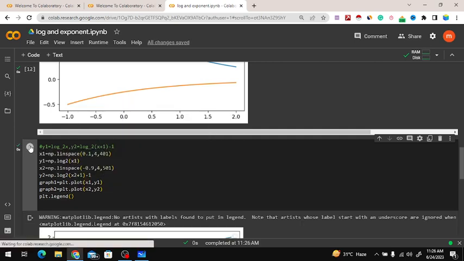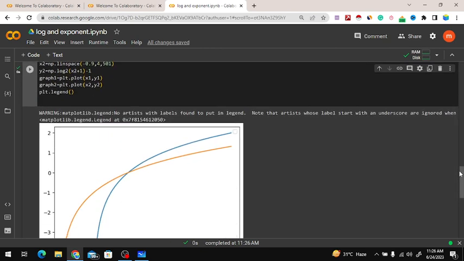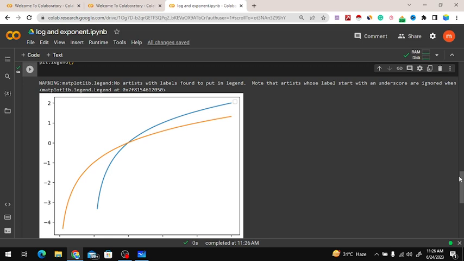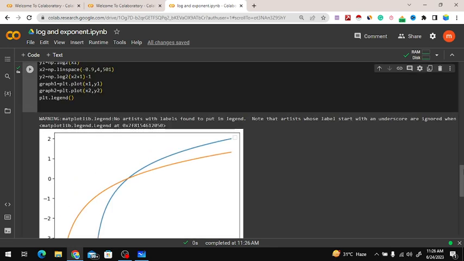So this is a way we can easily handle logarithm graphs and exponential graphs. I hope you can easily understand, and we can also handle graph 1, graph 2, and labels. So thank you very much. Today I have discussed both graphs with the Python language, and I hope it helps students.